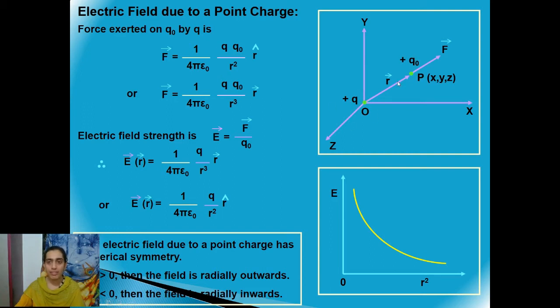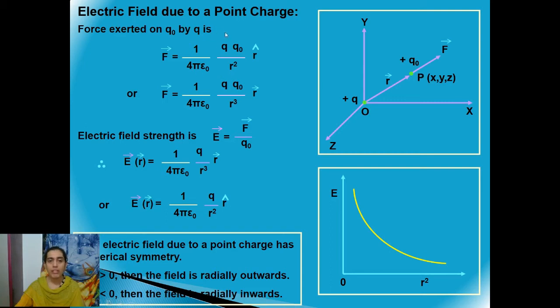Then this test charge will experience a force vector F, which is given by Coulomb's law, that is vector F is equal to 1 over 4 pi epsilon naught q into q naught divided by r square into r cap. This q is the magnitude of the source charge, q naught is the magnitude of the test charge, and r is the distance between source charge and the test charge.